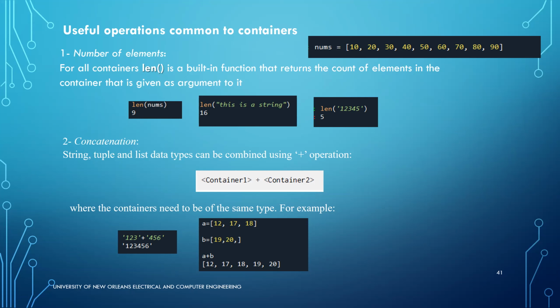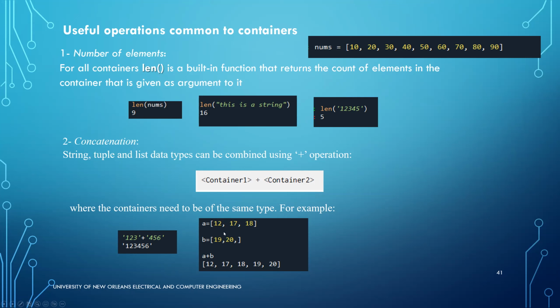So for example, if we do this one on the left here, we have two strings. First string is 1, 2, 3, and the second string is 4, 5, 6. If we use the plus, the result is that it joins the two of them into one single string, like this.